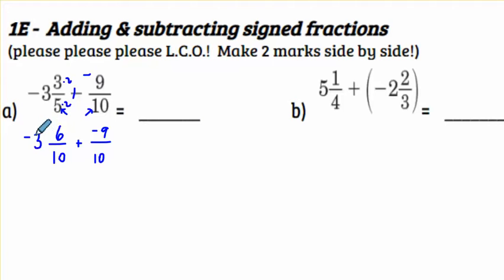That means the 3 is negative and also the fraction is negative. However, if you don't remember that and you're just looking at it as a 6 added to a negative 9, you might think that actually that's going to become a negative 3, but it's not. This is really truly a negative 6/10. So that's why I'm going to go ahead and just avoid all that mess and change them to improper fractions.